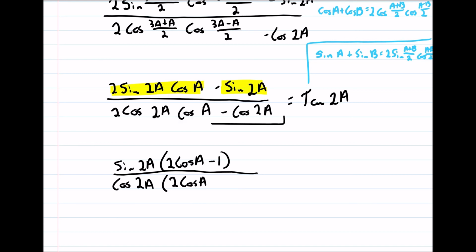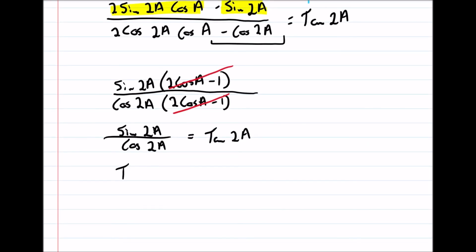And then to get minus cos 2a, multiply by minus 1. Right. This will cancel with this. So I'm left with sine 2a over cos 2a, which does equal tan 2a. So I can say tan 2a equals tan 2a, therefore we've proven it.